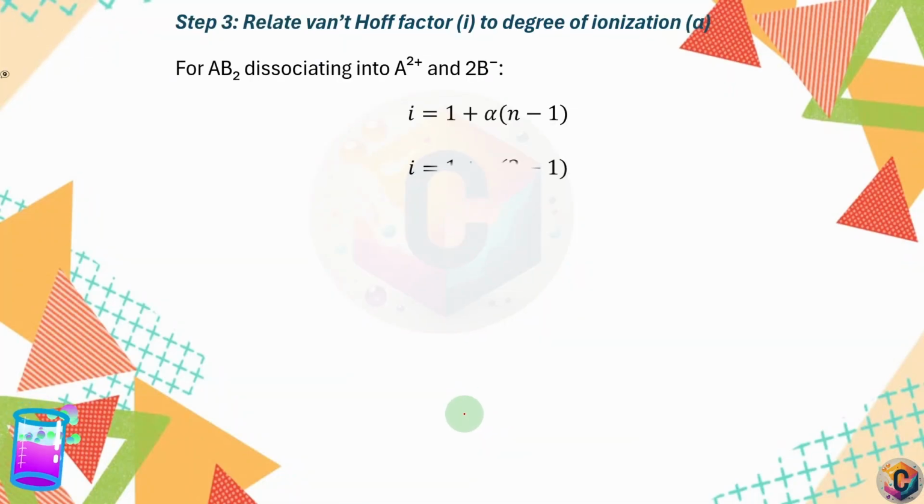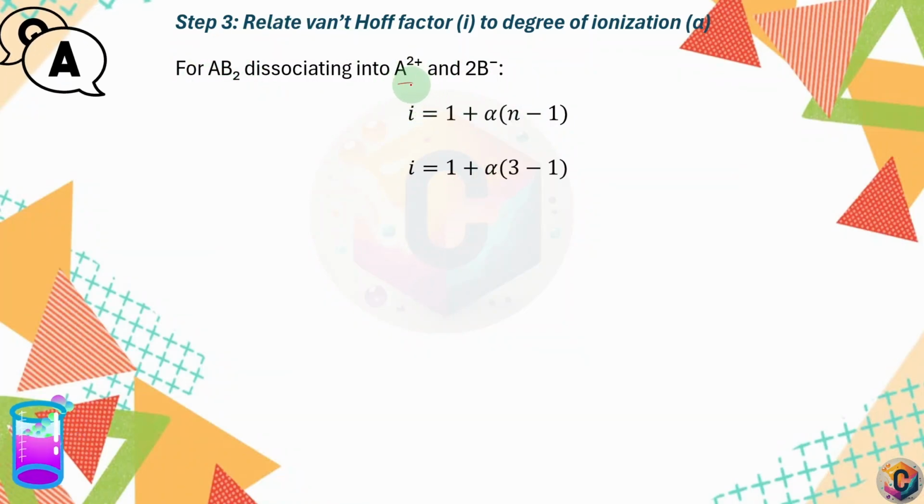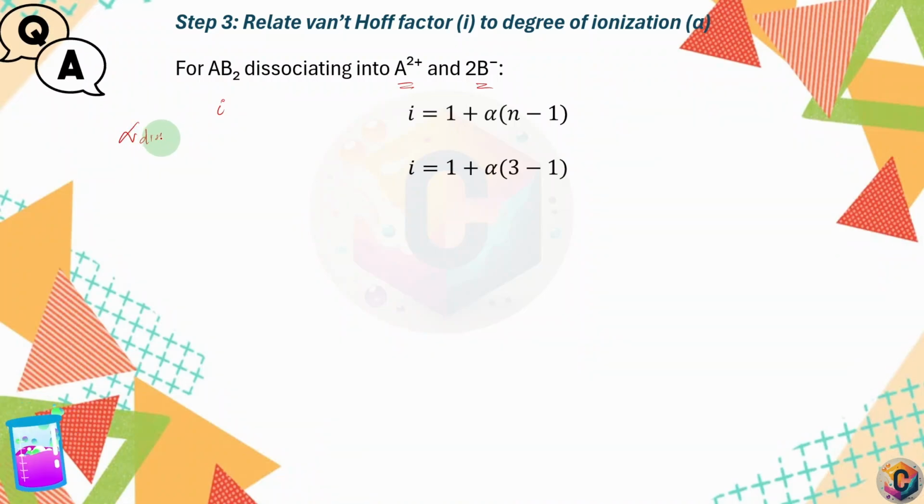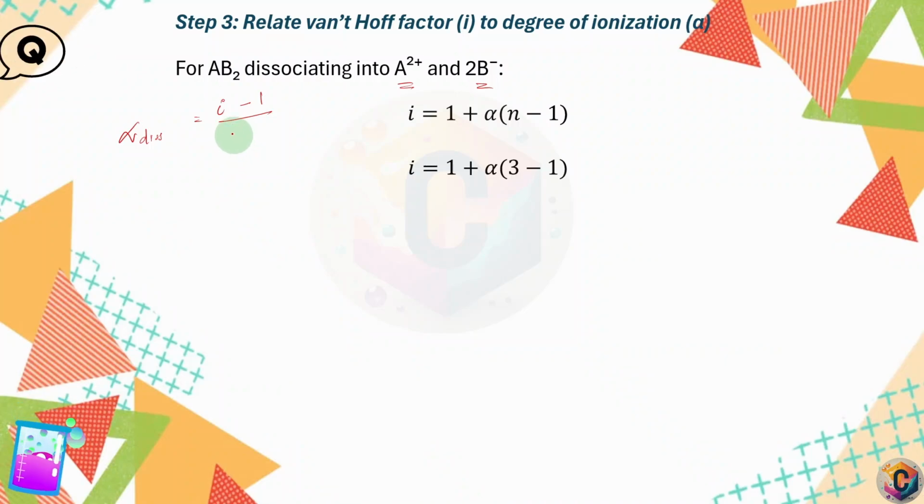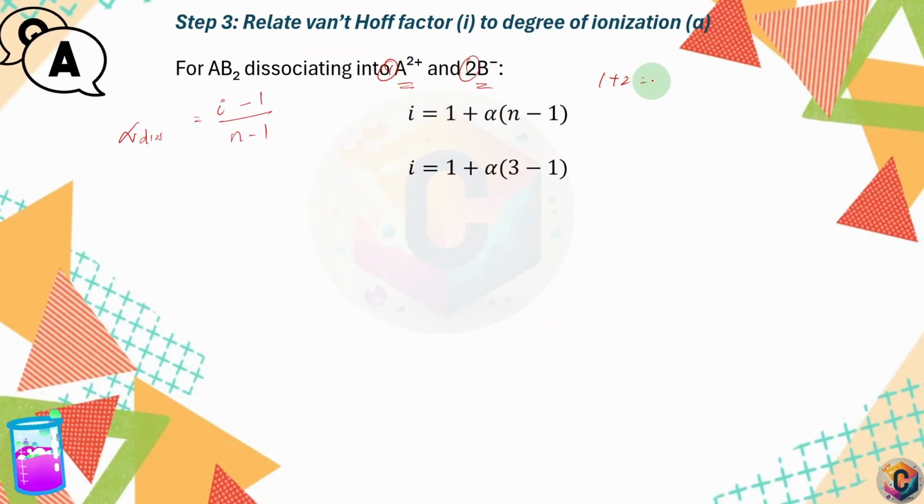Then we need to relate the Van't Hoff factor. We know that this AB2 salt undergoes dissociation into A2+ and 2B minus. This formula is known: to find the alpha of dissociation, we use i minus 1 divided by n minus 1. By rearranging this formula, we get this. Here, you'll be getting 1 A2+ and 2 B minus, so in total you will have 3 ions. In the place of n, you can substitute the value 3.